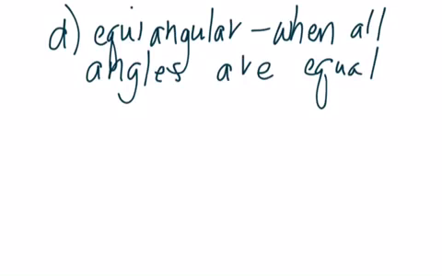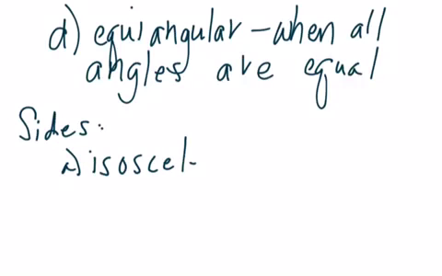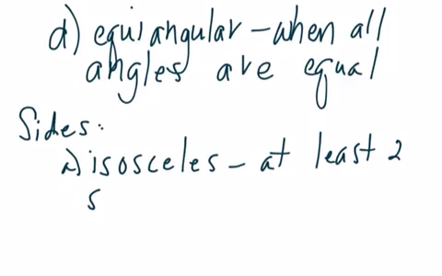If we designate triangles or classify triangles based on their sides, then one kind is isosceles. At least two sides are congruent.